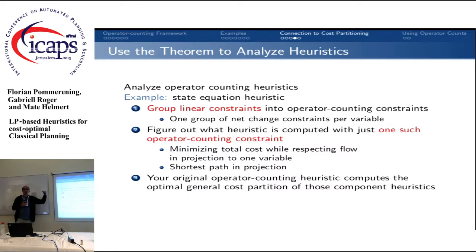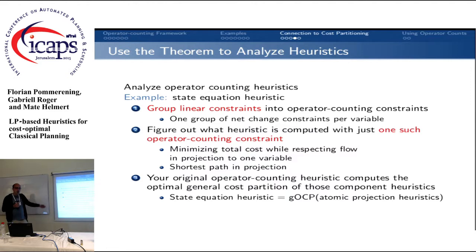So the incoming flow and the outgoing flow of each value must balance out. So this is one very typical formalization of a shortest path problem with linear programs. So what we're actually computing here, if we're just looking at one variable, is the shortest path in the projection to this variable. So this is a projection heuristic to a single variable.